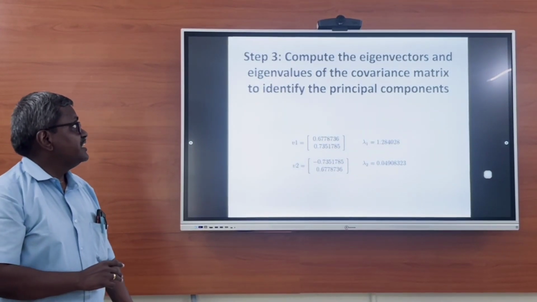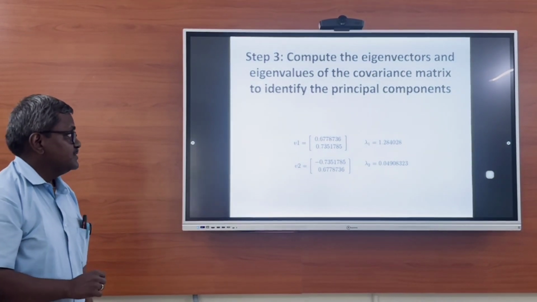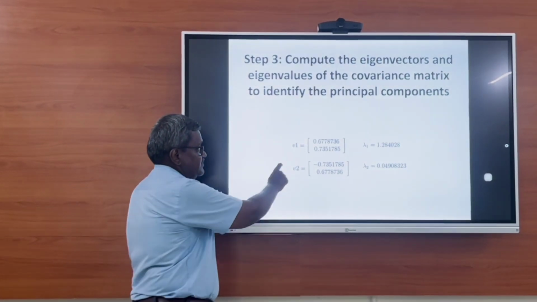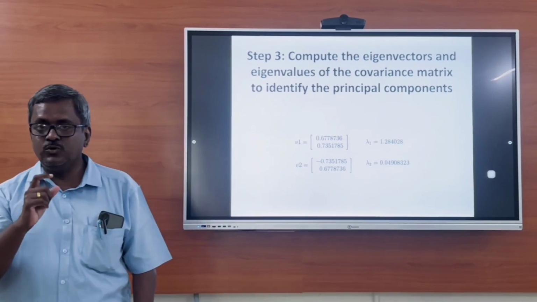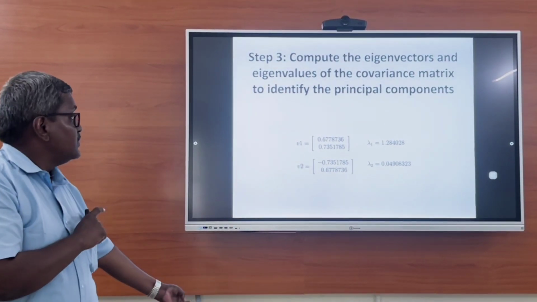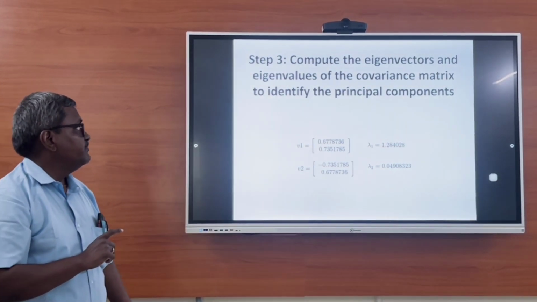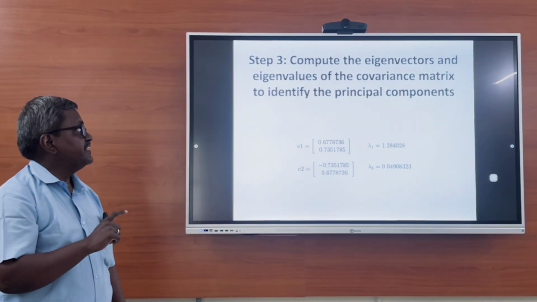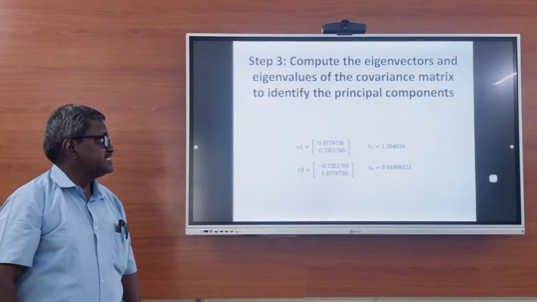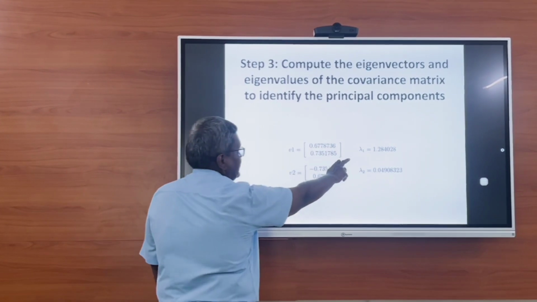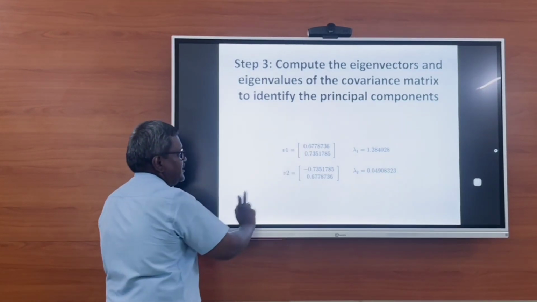So next one is we have to find the eigenvectors and eigenvalues. This is an example where the covariance matrix is in 2 cross 2 form. So here when we find the eigenvector and the eigenvalues for the covariance matrix, these are the eigenvalues lambda 1, lambda 2, and these are the vectors corresponding to that.